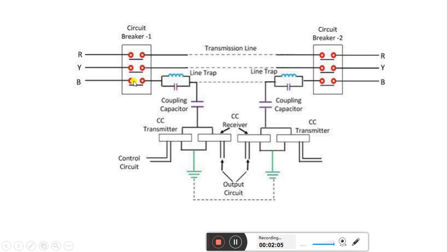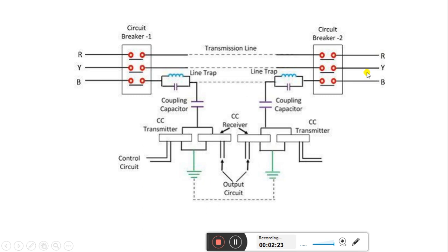It means outside the circuit breaker, that is this side, will be the unprotected area, and in the same way beyond the circuit breaker, that is at this side, will be an unprotected area.